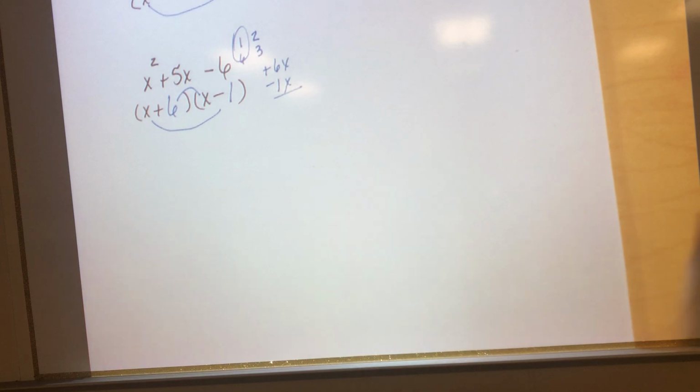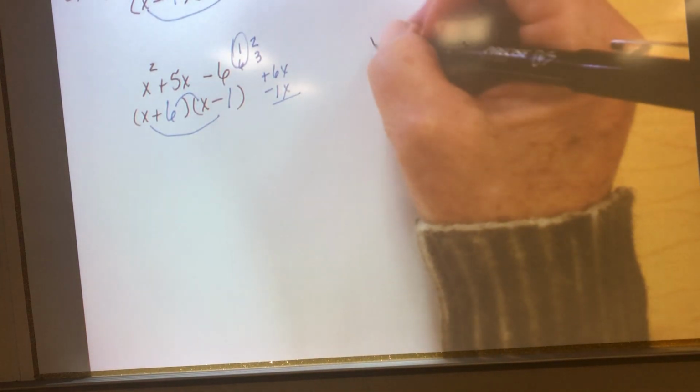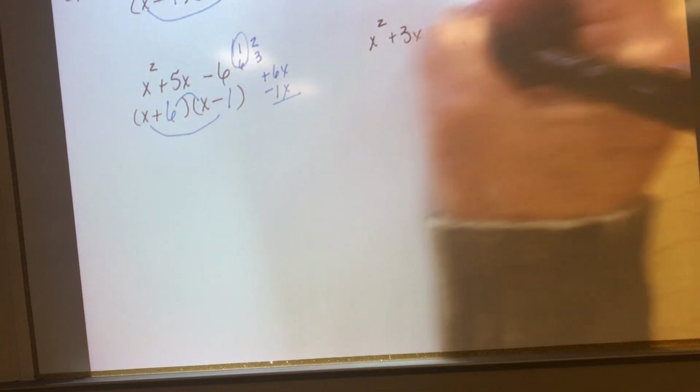Okay? All right, you ready for one more, and then we're moving on. X squared plus 3x minus 12.